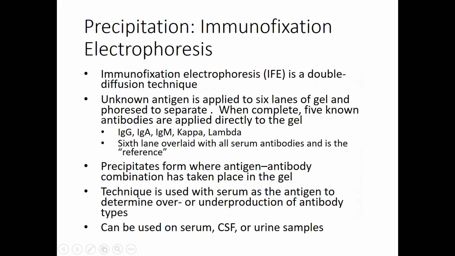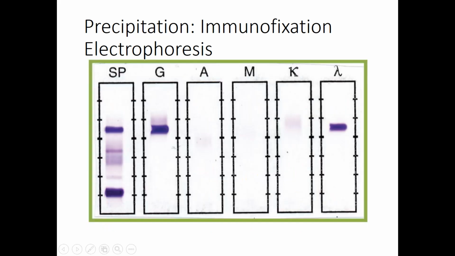And we're going to allow it to separate. We're going to allow the antigen to just characteristically move through the gel. When that's complete, we go back and we lay over specific antibodies to each one of these. So we saw the antigen move from the point of origin through the gel, and then we lay over antibodies, different ones.